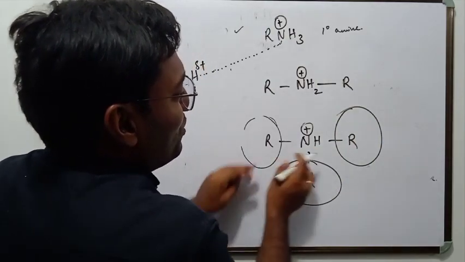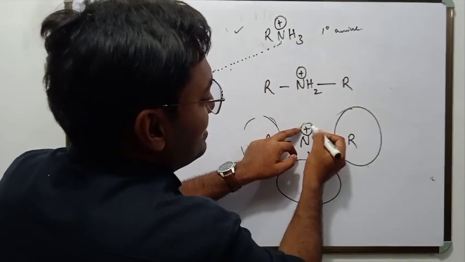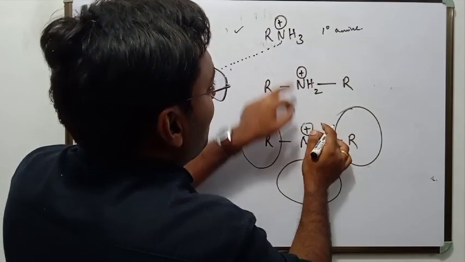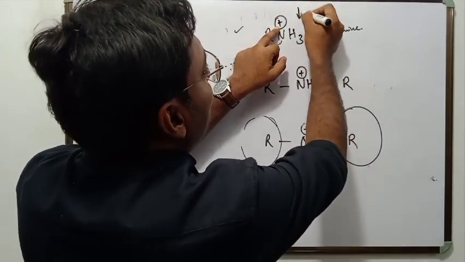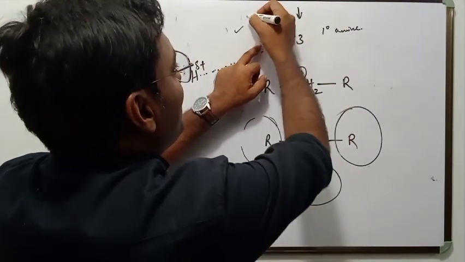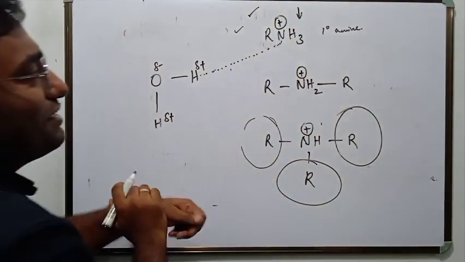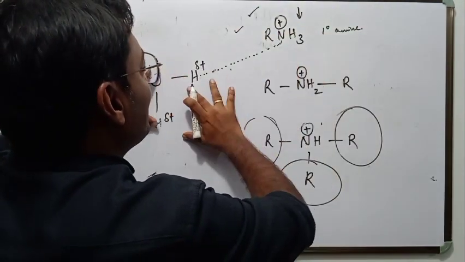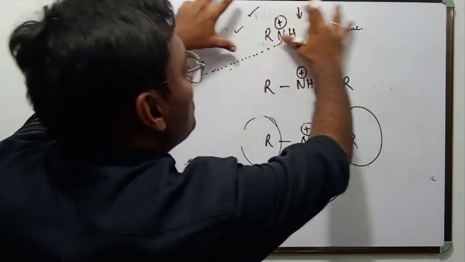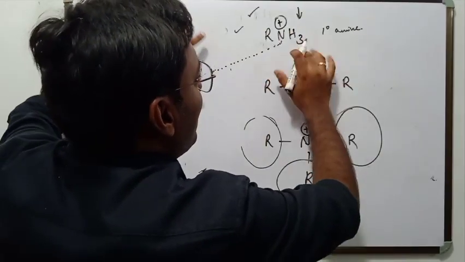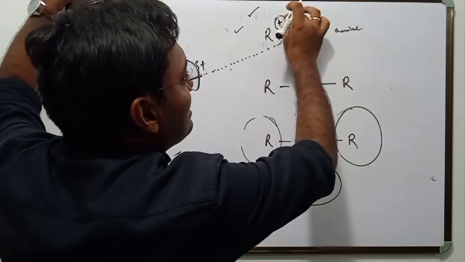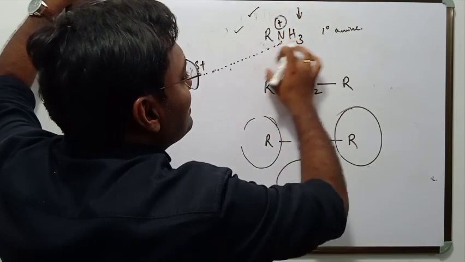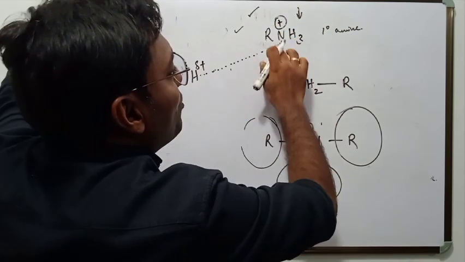So the magnitude of positive charge here does not decrease significantly, but here it decreases significantly. So here primary amine becomes the winner, correct? Because here the interaction with water molecule is possible from all the sites, and that would definitely decrease the positive charge here, correct? So that will increase the stability of the ammonium ion that is formed.